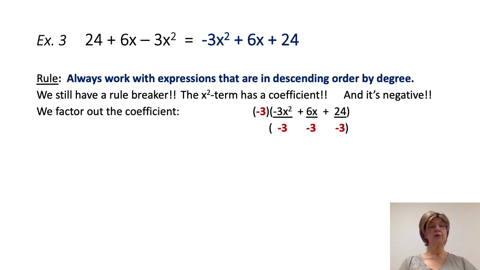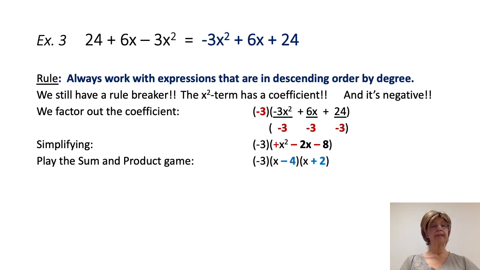So we factor out the coefficient, and there we have minus 3 as a factor, and minus 3x squared divided by minus 3 plus 6x divided by minus 3 plus 24 divided by minus 3 will ensure that we get the correct trinomial. So simplifying, we have minus 3 times x squared minus 2x minus 8. Play the sum and product game, and you have minus 3 times x minus 4 times x plus 2.